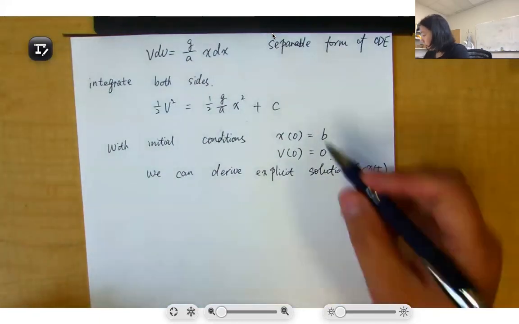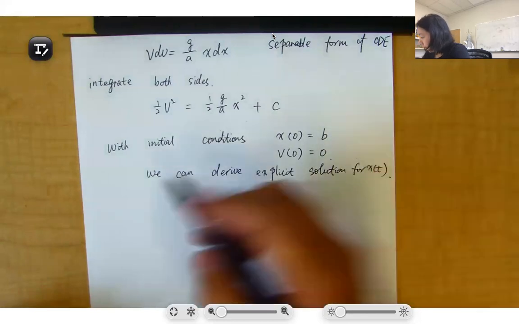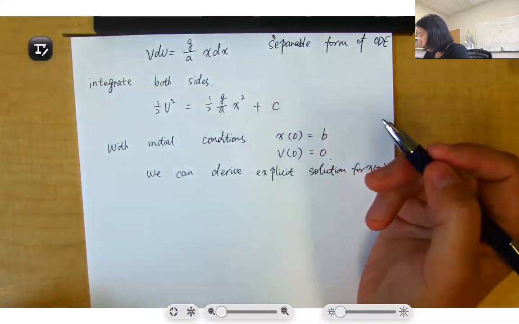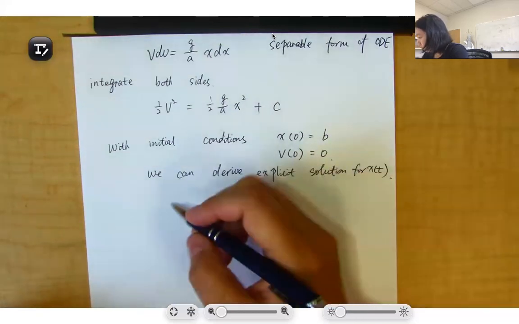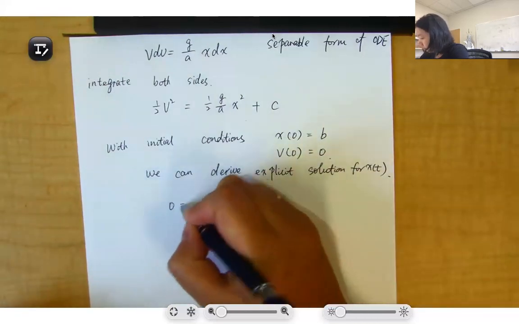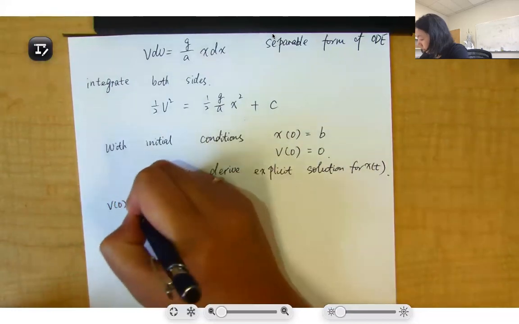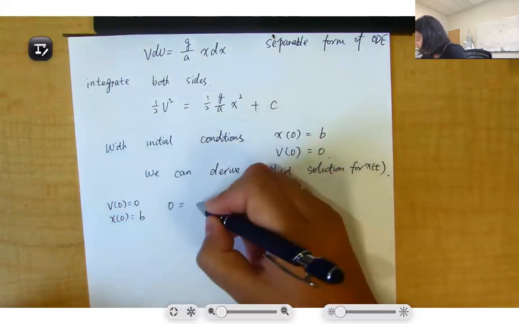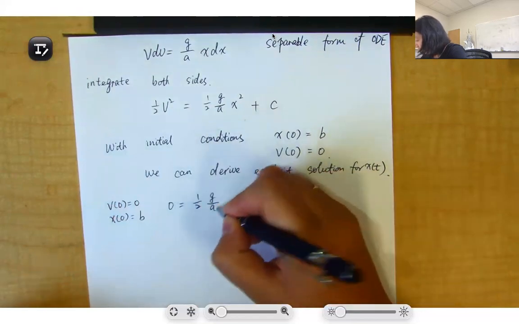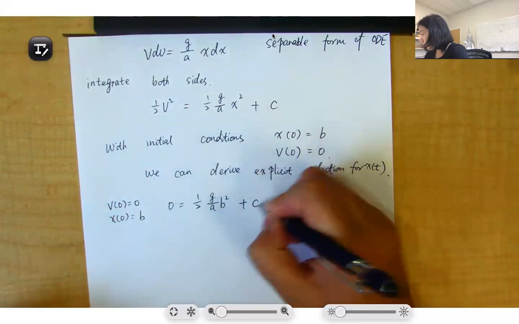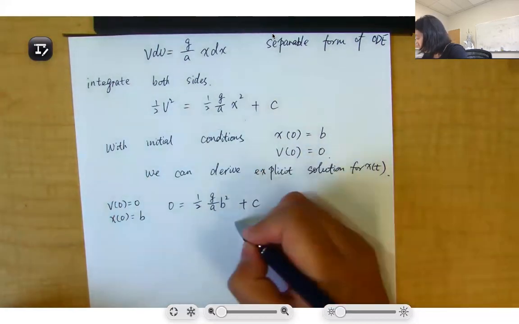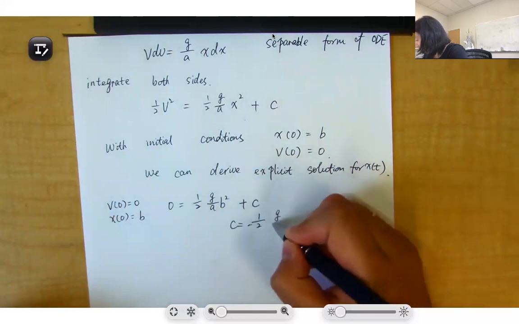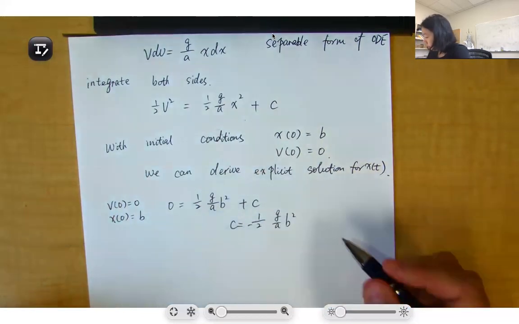So we take these initial conditions: v0 equals 0, x0 equals b. We have half of g over a v squared plus some constant, so we know the constant will be negative half g over a b squared.